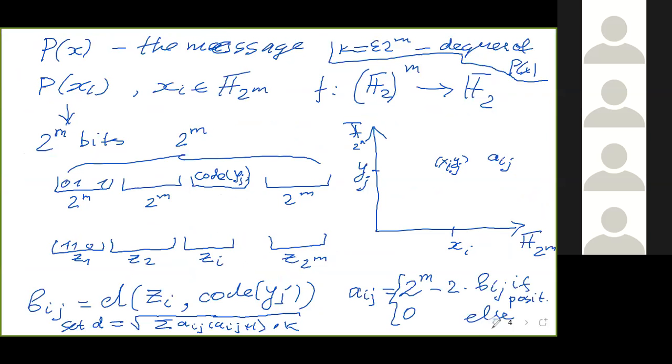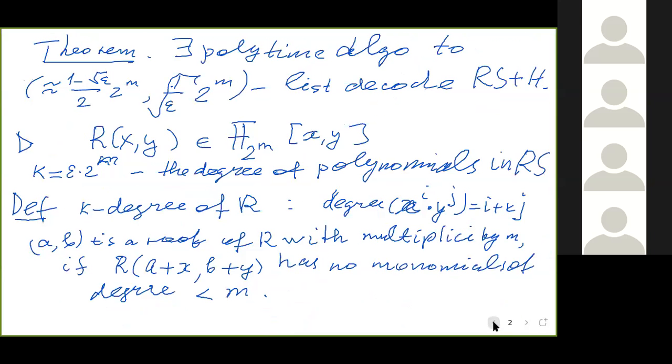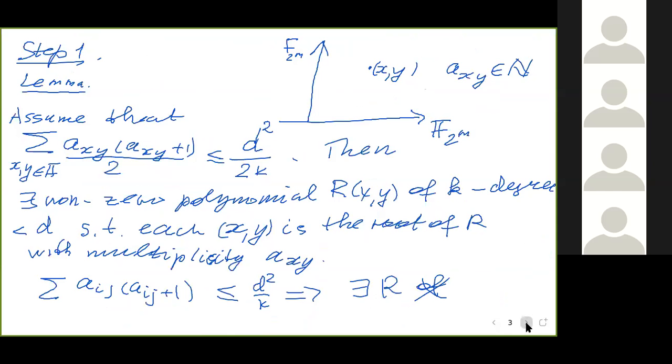Recall how we defined it: Bij is the distance between what we receive and the code of yj. If yj is equal to p(xi), this is just one term from our sum.